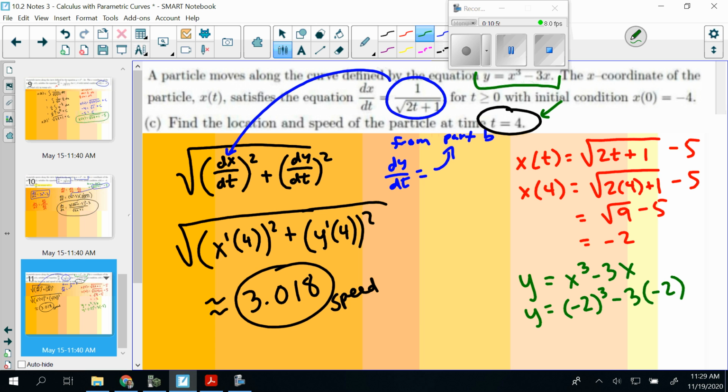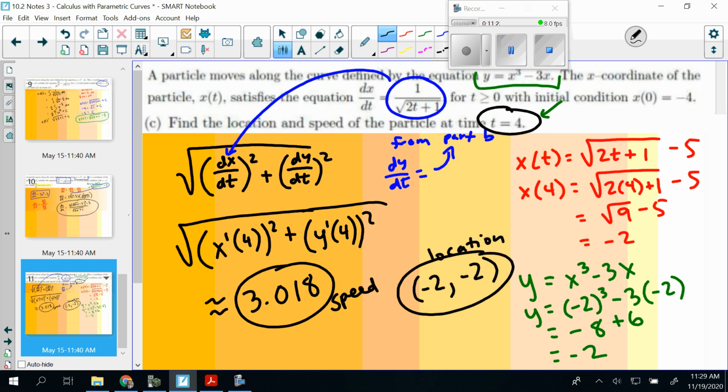We want to put the negative 2 in here. So that's going to be negative 8 plus 6, which turns out to be negative 2. So the position, or the location, is negative 2, negative 2. That's our location. So that would be the two answers for this problem.